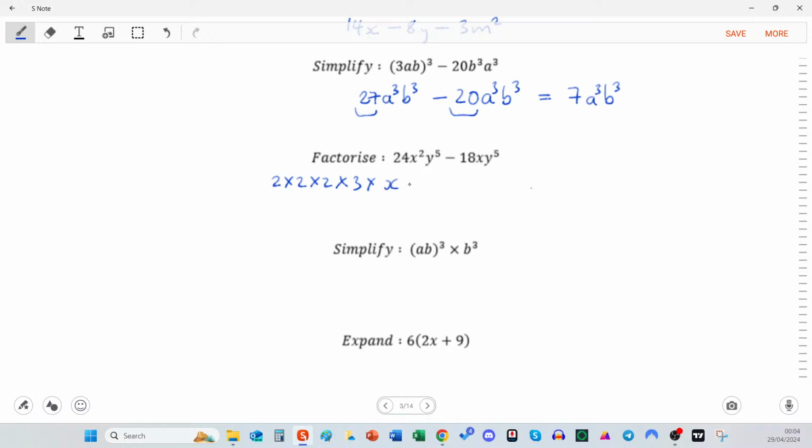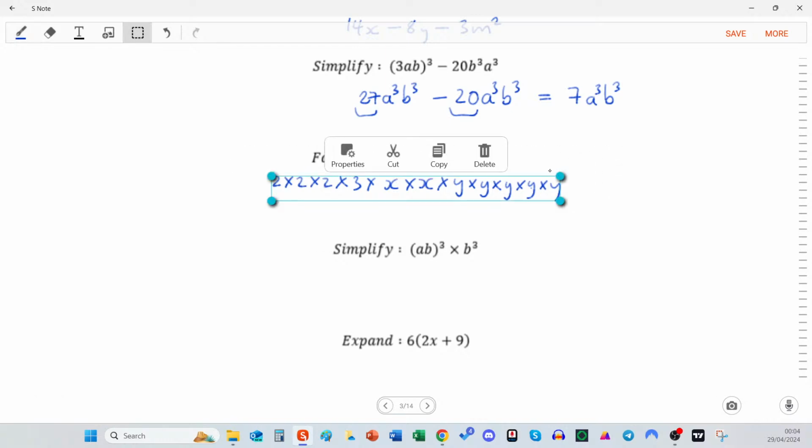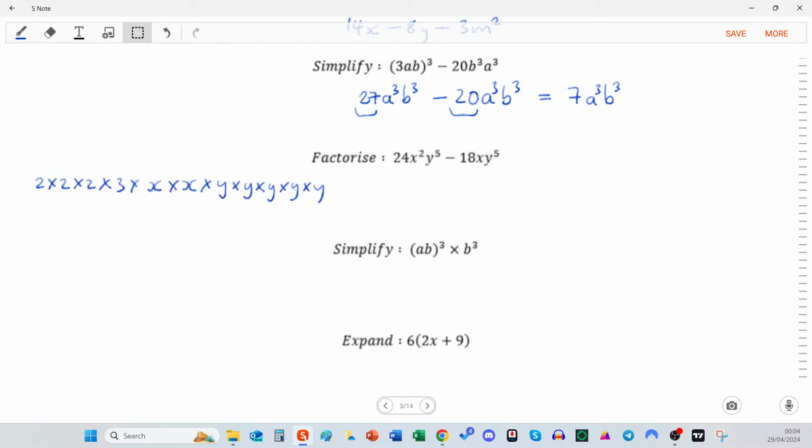Times we've got an x times an x from the x squared, times y times y times y times y times y. Let's write it all out, he says. Big numbers. 1, 2, 3, 4, 5. Good.